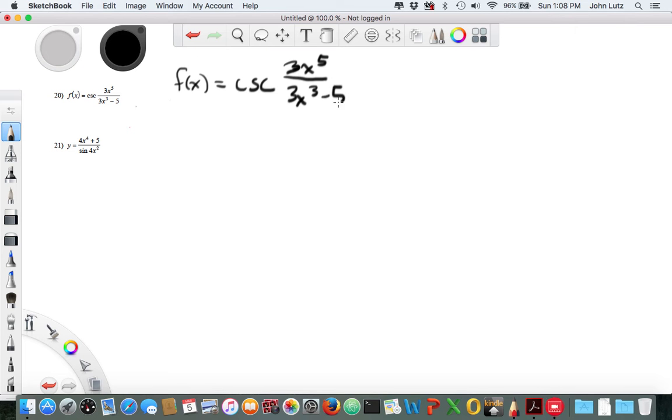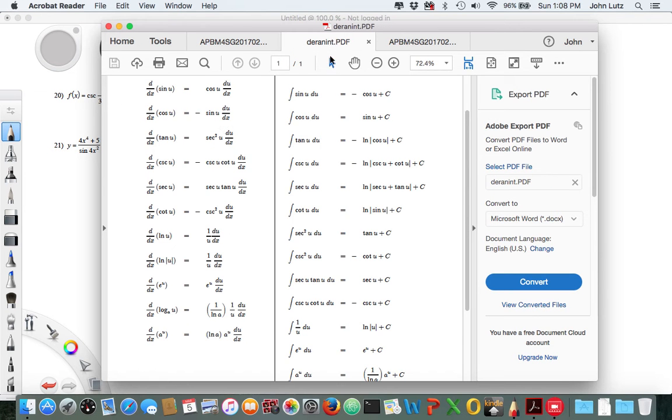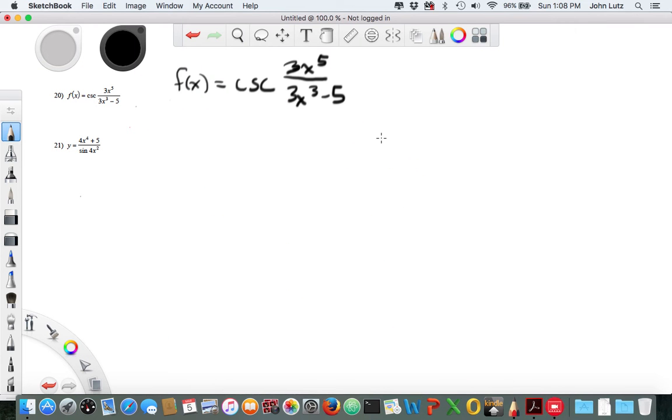Now, if I look on my chart of derivatives, I see that the derivative of cosecant u is negative cosecant u cotangent u times the derivative of the inside, because you've got to use the chain rule.